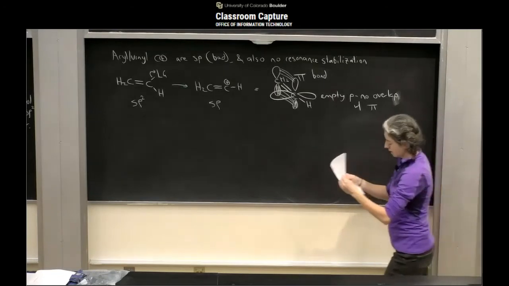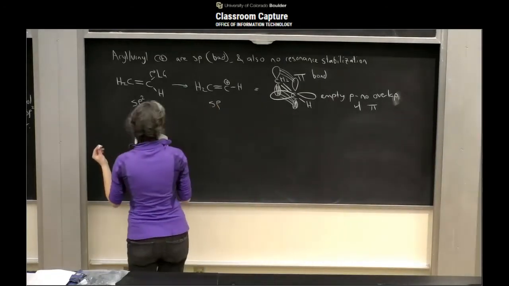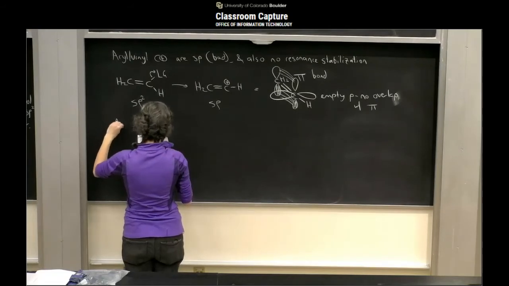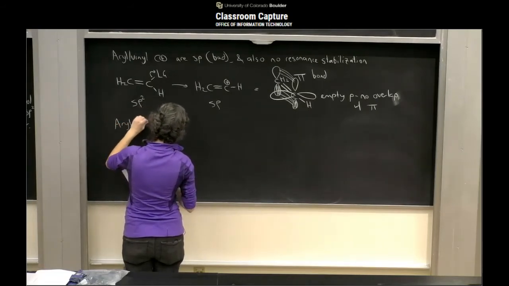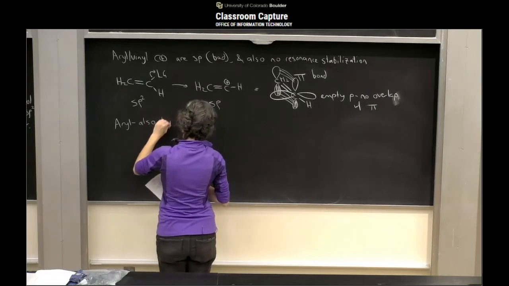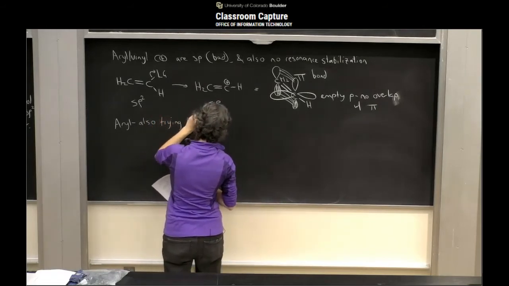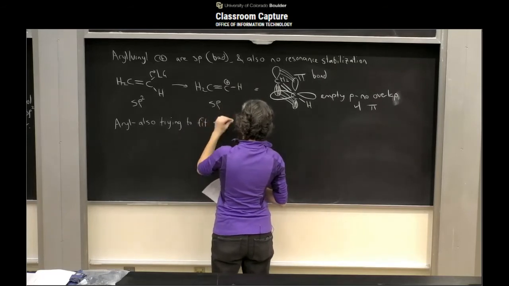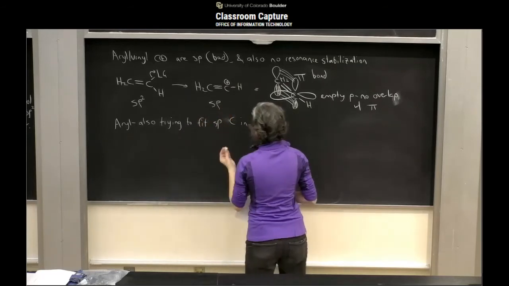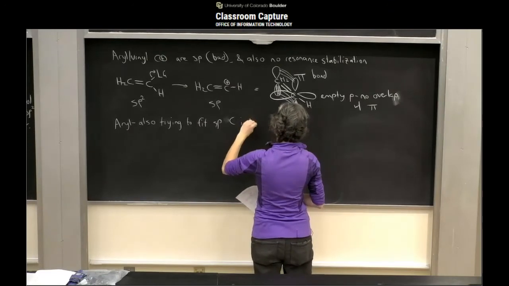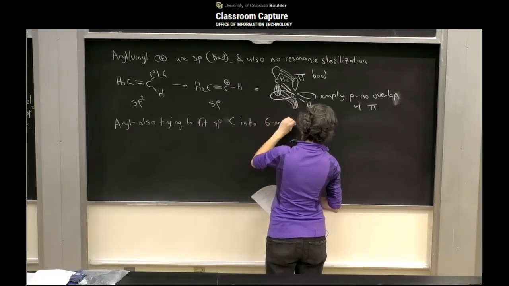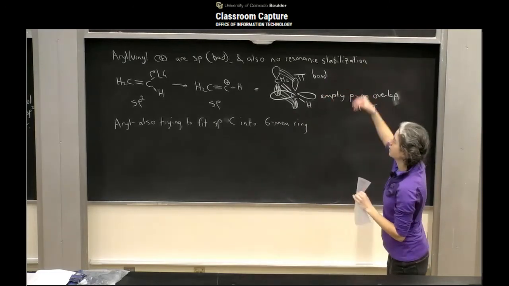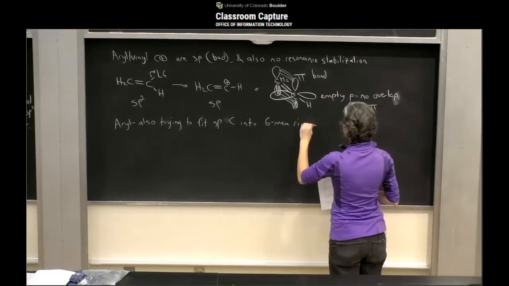Okay, cool. And then for aryl, we again have even more issues to deal with. We're also trying to fit an sp carbon into a 6-membered ring, which we already know from up here and also from before is difficult.